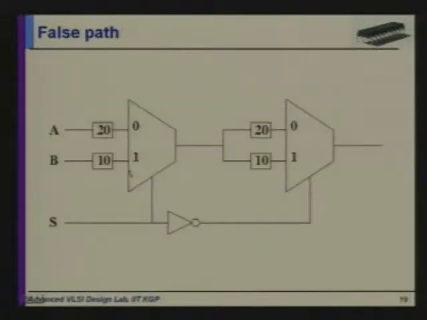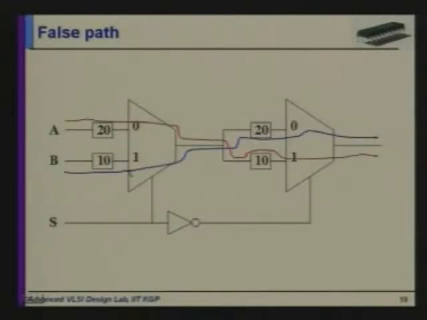There is another example of a false path. Probably it's very easy to see. What will be the critical delay for this? It's 30.